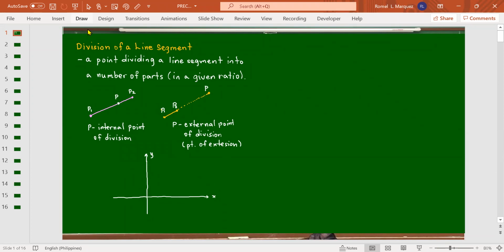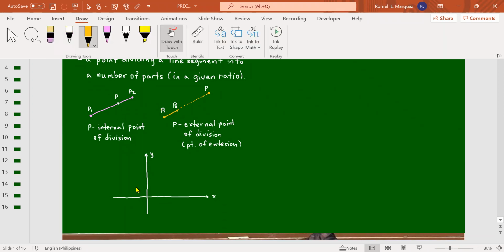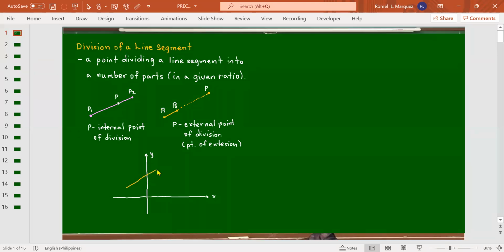Then we have this case. The formula that we are going to have works on both cases, no?